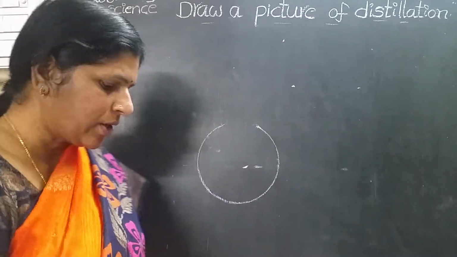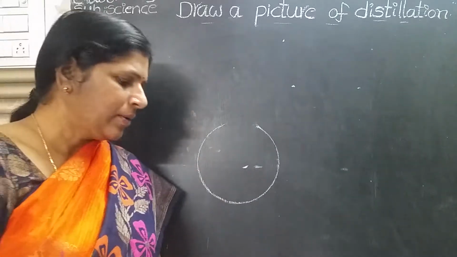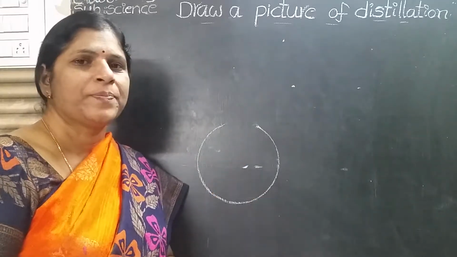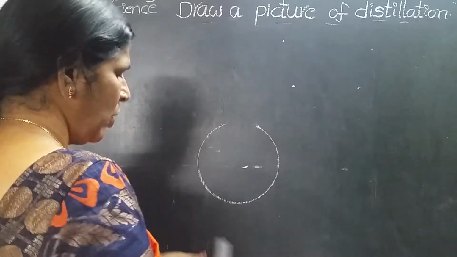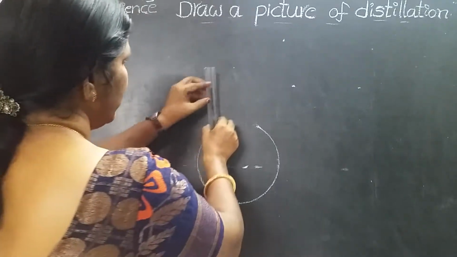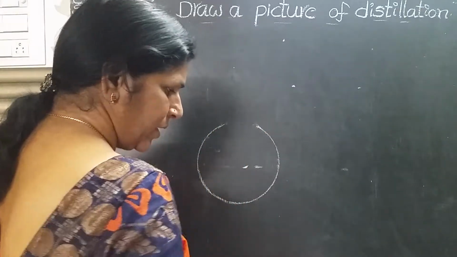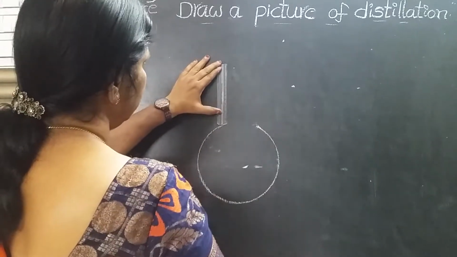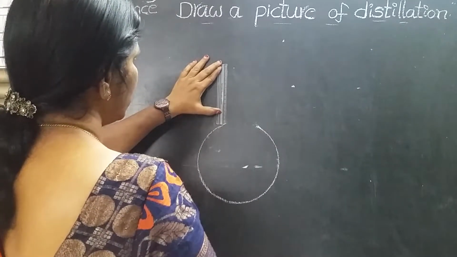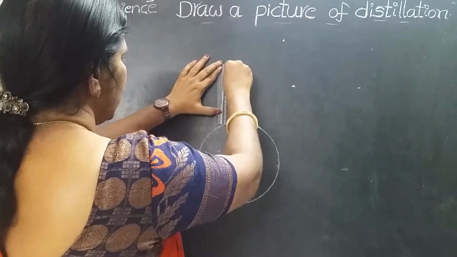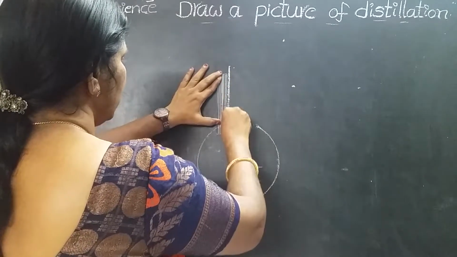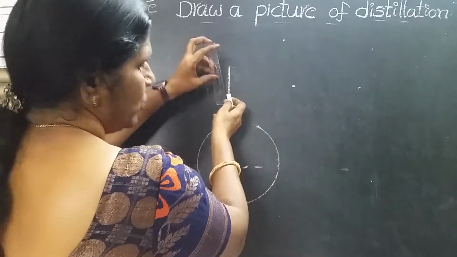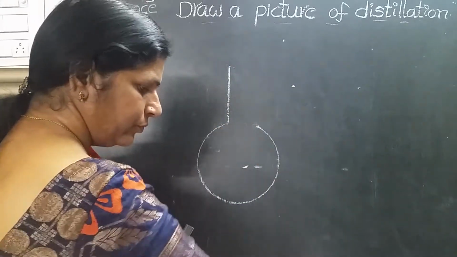Come on, let's start. Okay, draw a circle like this. Draw a circle like that. And we have to take one long scale. Draw two straight lines. Okay, draw two straight lines children.